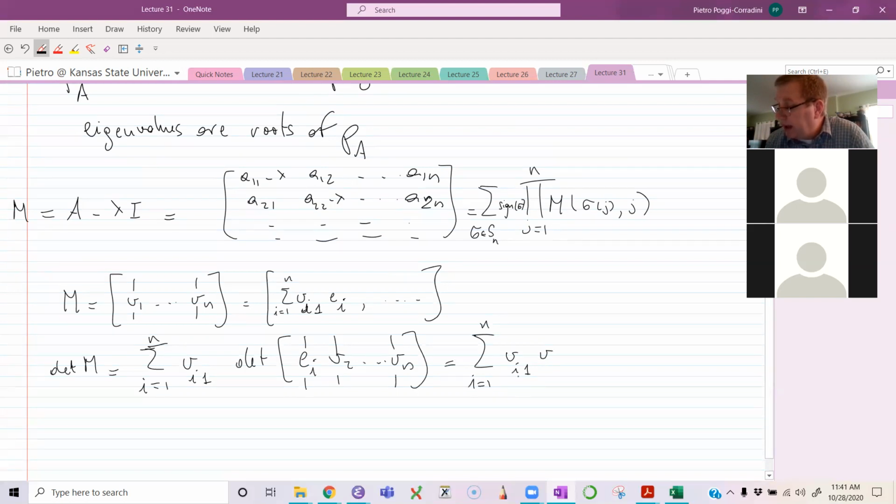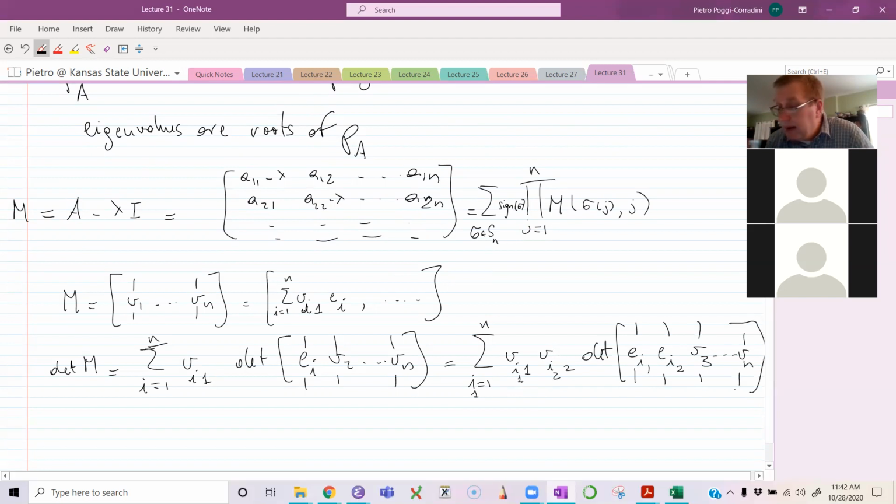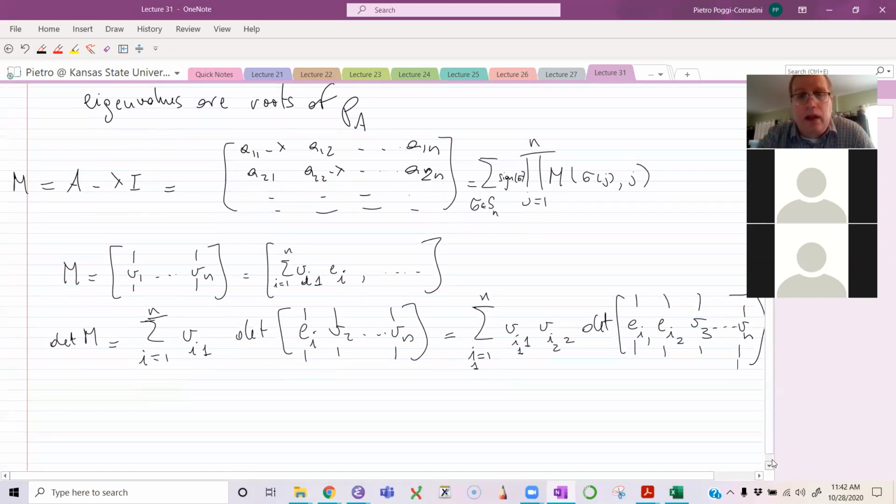So let's just call this V_i1 and then V_i2, determinant of V_i1, V_i2, V3, and so on. Right? So does that make sense so far? Yeah. All right.